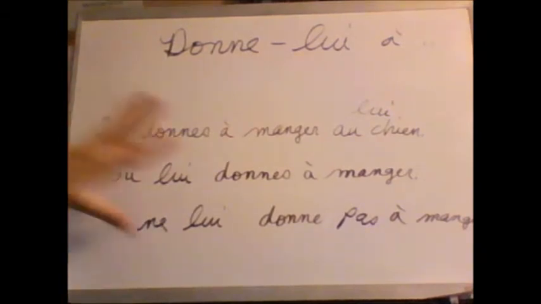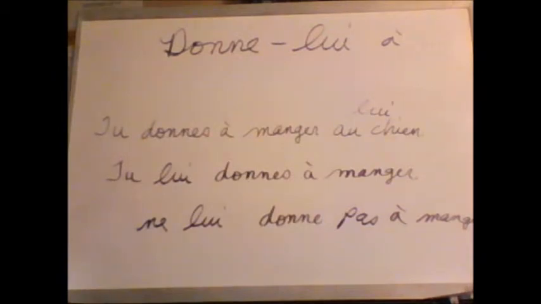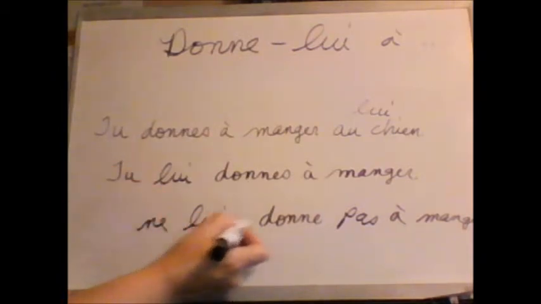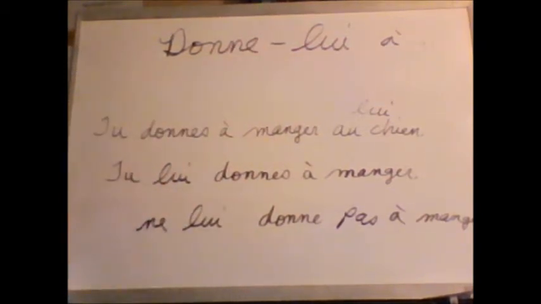And thankfully, although this is all switched around, this is more like English. So if you have to, just think of it that way. We're going to do it almost exactly like we do it in English. Give him something to eat. All right? So notice how these swap places, and the object pronoun, in other words, follows the verb with a dash.